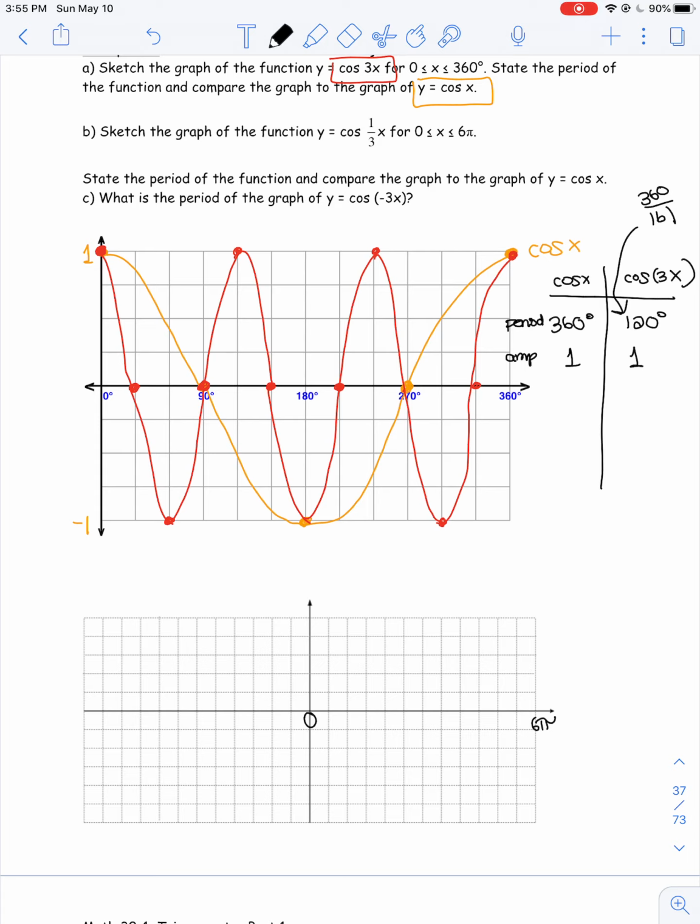Okay, so for this one, we want to take 6 pi and see how many times we should split it up. So 6 pi is equal to 360 times 3.